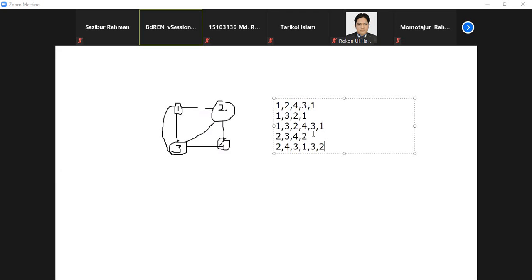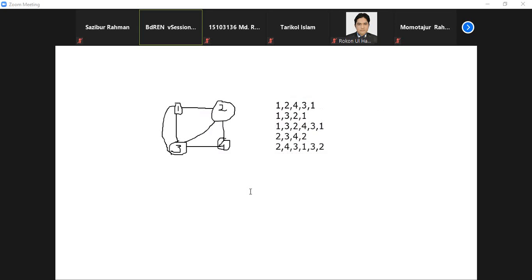Now, if there are at least three nodes and it repeats only the first and last node, then that is known as a simple cycle.